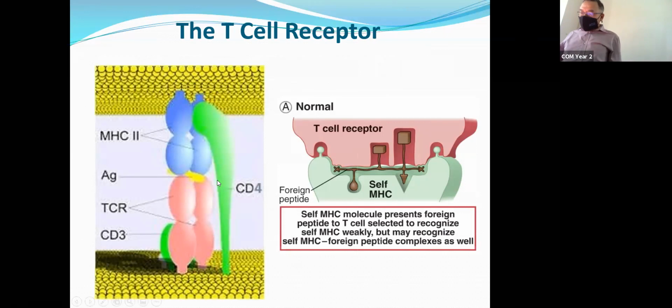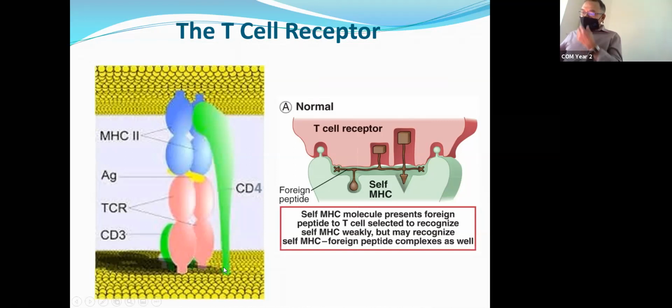This is just to show the recognition of antigenic peptide presented on, in this case, class 2 MHC by the antigen presenting cell. So this is the T cell receptor, which is seeing that peptide.